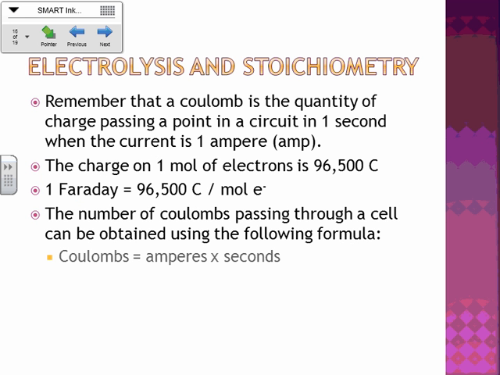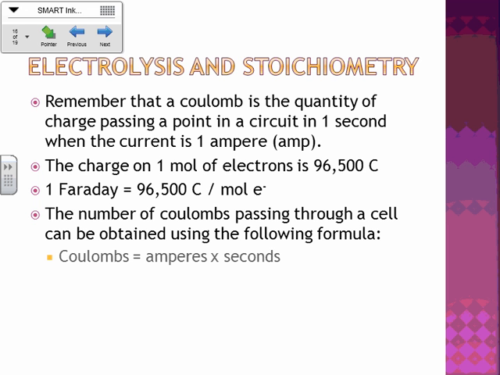Now, a couple of reminders from the first or second set of notes that we took. I can't remember exactly when we talked about this, but the way that a Coulomb and an amp relate to one another is a little bit tricky. I'm going to try to explain this well. A Coulomb is how much charge passes a certain point in 1 second when the current is 1 amp.